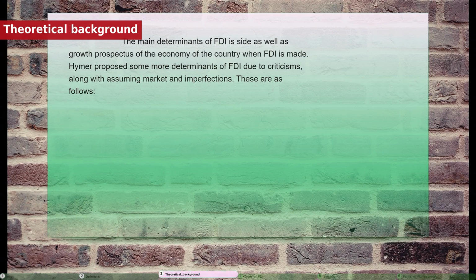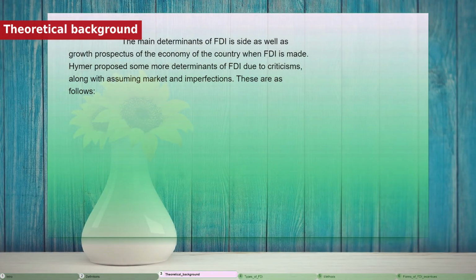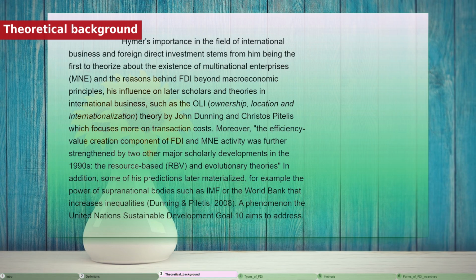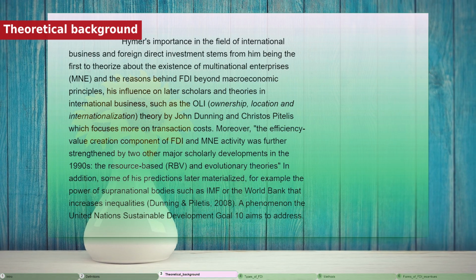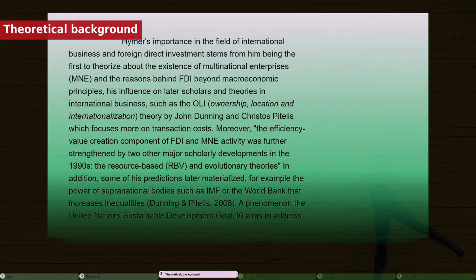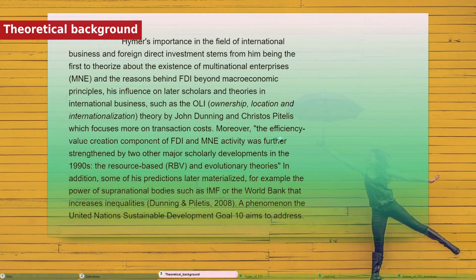Exactly. He differentiated between foreign direct investment and capital movement based on mere financial interests. Interesting. What were his core ideas about why firms choose FDI? He emphasized firm-specific advantages. They exploit market imperfections to gain competitive edge and market power after exhausting domestic investments.